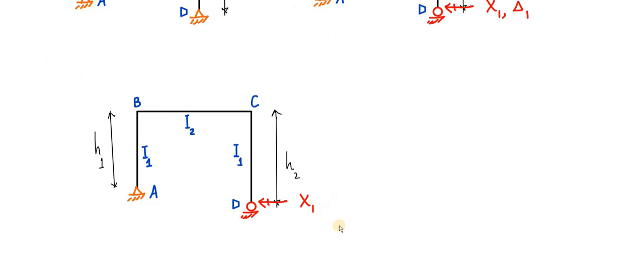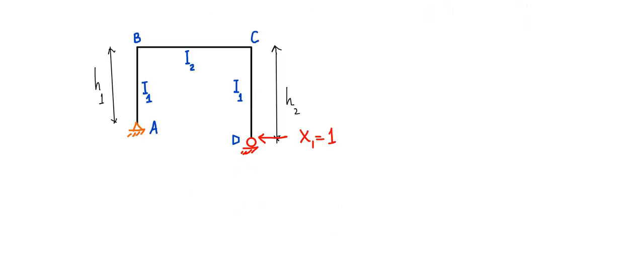So we will be considering next a unit value of x1. So in this case we're going to apply just a unit value of x1, and so we'll need to first find out the reactions. So if this is x1 equal to 1, on this hinge support will develop reaction equal to 1.